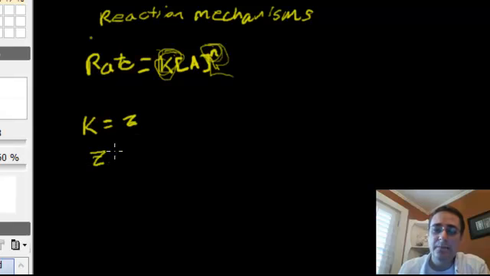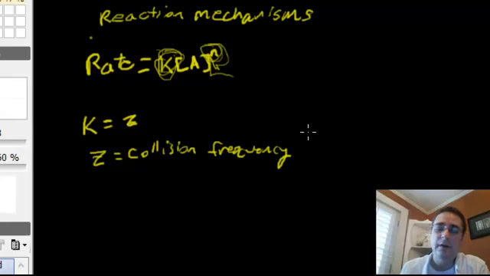Where Z is the frequency, the collision frequency, right? So how often do the particles actually hit, for a given concentration?